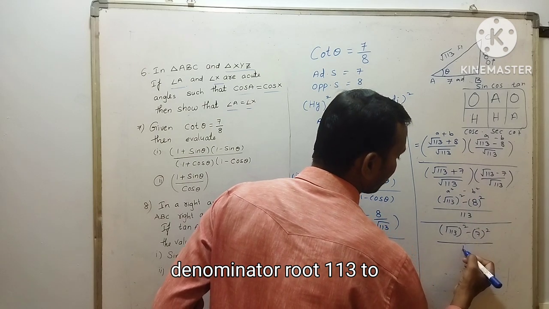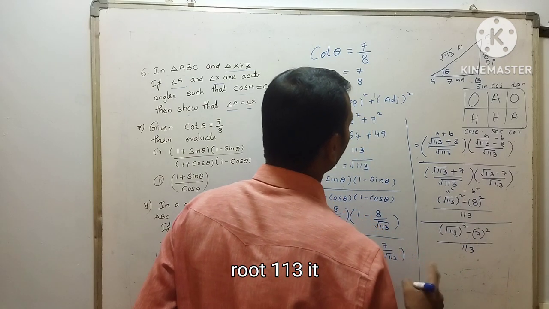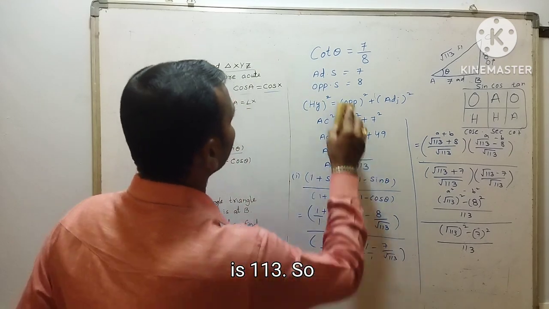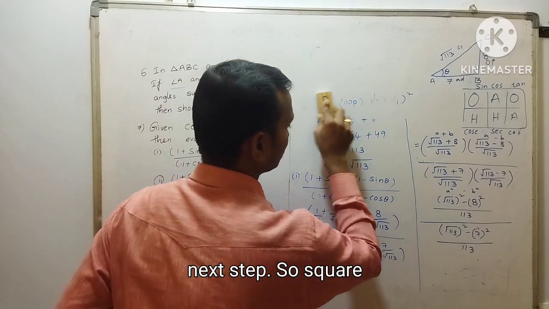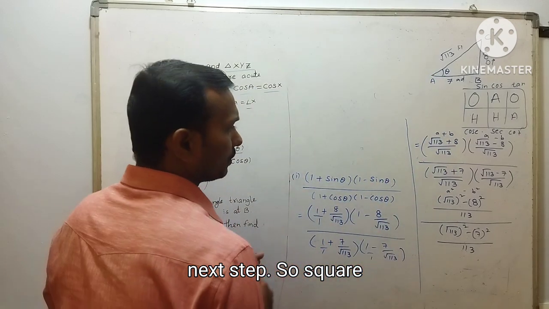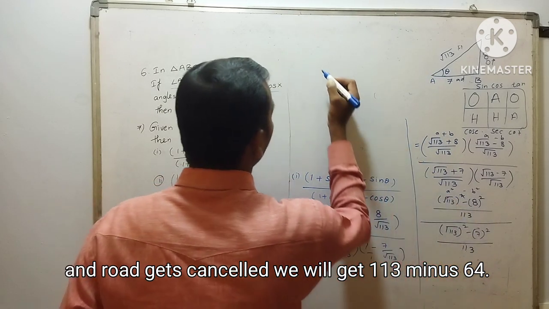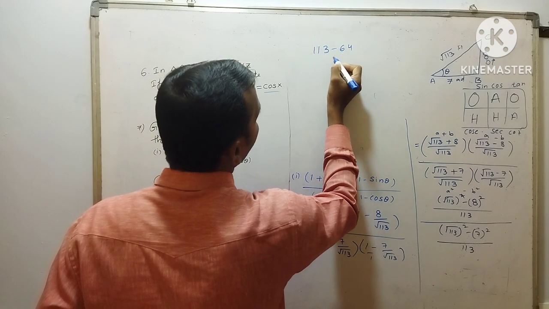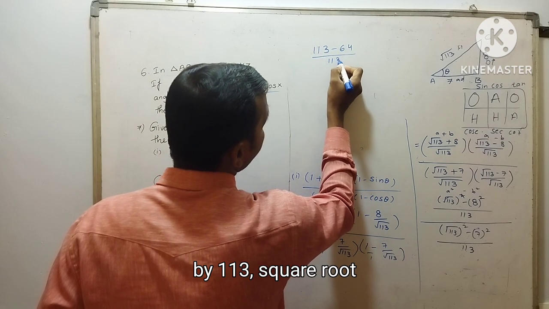The denominator, root 113 into root 113, is 113. So next step, square and root get cancelled. We will get 113 minus 64 by 113 in the numerator.